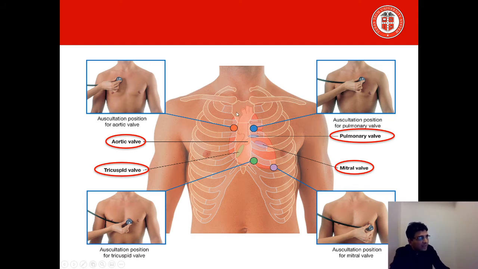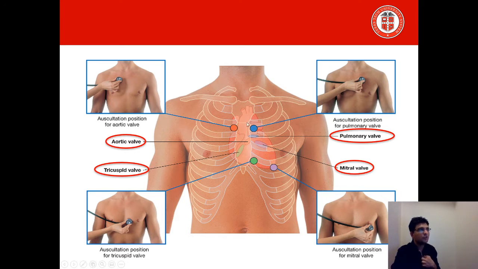So if you look at the skeletal part of the thorax, this part is known as the manubrium sternum. You can see here, if you just palpate this depression here, this is the manubrium sternum. If you go down from here, you will see a protuberance, which is the junction of the manubrium sternum with the body of the sternum.